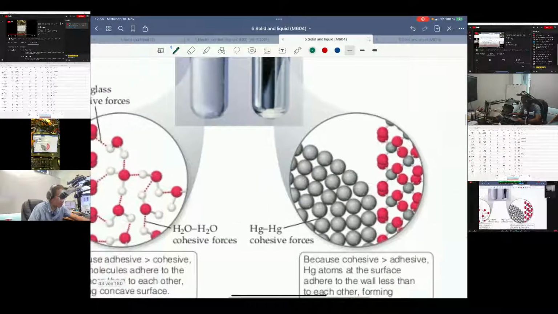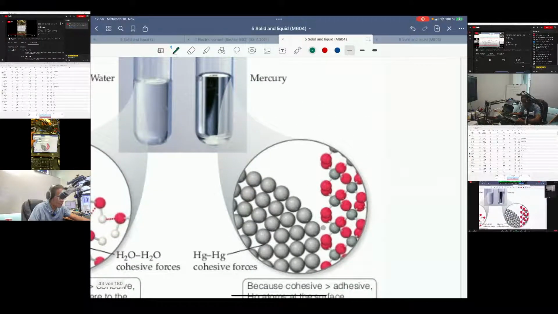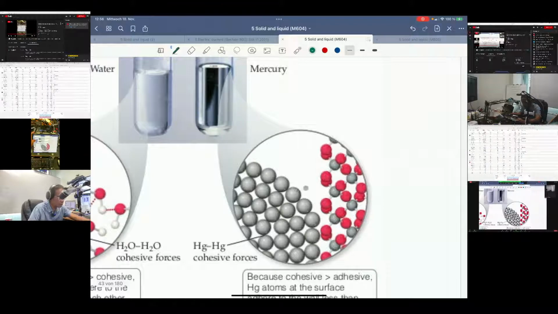The same kind of glass, but on the right side. And again, there will be cohesive force, the attractive force among several mercury molecules, and adhesive force, which is the attractive force between mercury and glass.